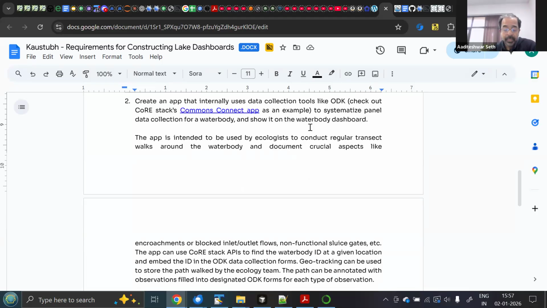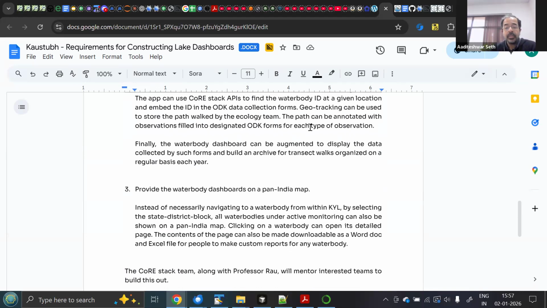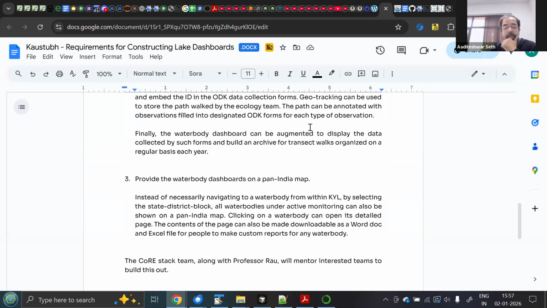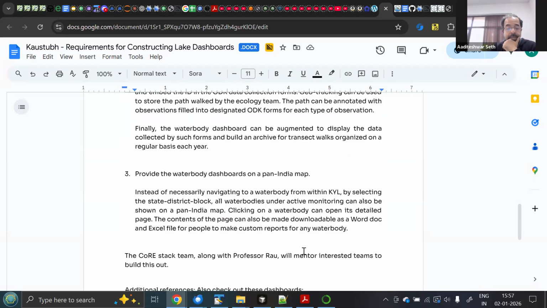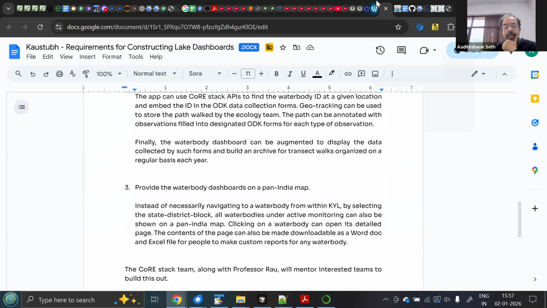But we can give them an app so that when they're doing this, they have one place to collect this information more systematically. And all of that can be shown on these kinds of maps. So that's another idea that we can work on.